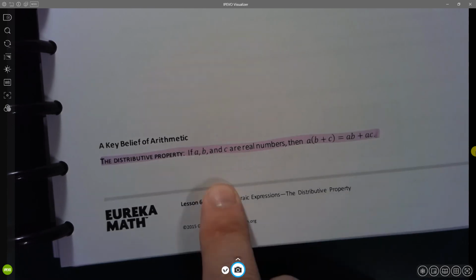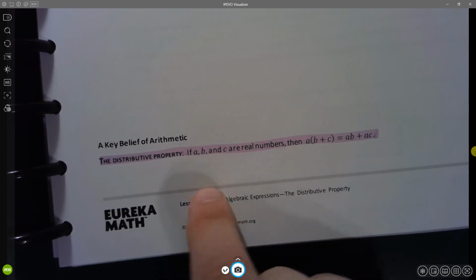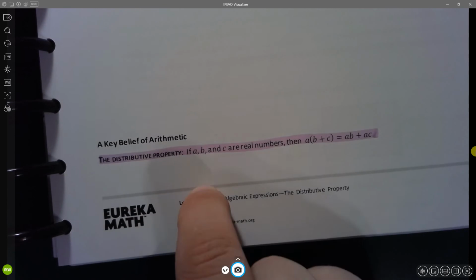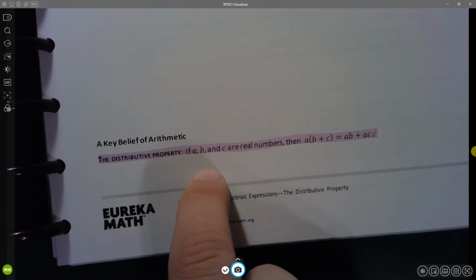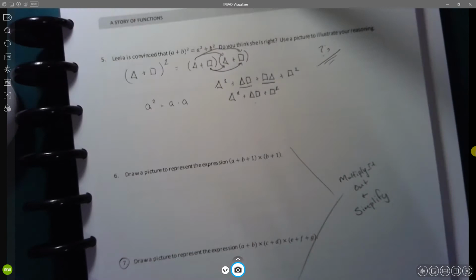All right. I want you to remember that because that is a very important statement of arithmetic, okay? The distributive property is a major, major important fact that we need to know when it comes to algebra, okay? So you need to get used to practicing the distributive property.